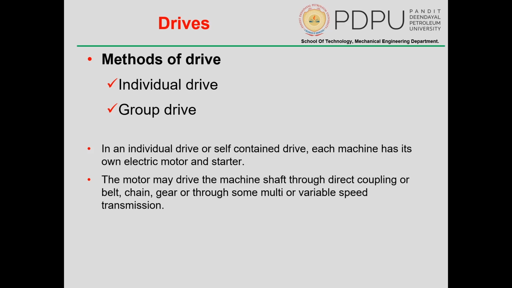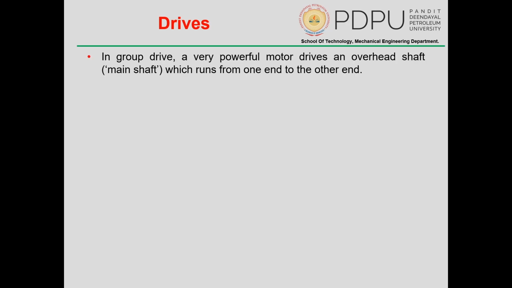Here you can see a single unit of motor or engine driving a single unit of device, that is an individual drive. In group drive, we have a very powerful motor or overhead shaft, basically a prime mover, which is connected to several devices with the help of a shaft, which is called the main shaft.